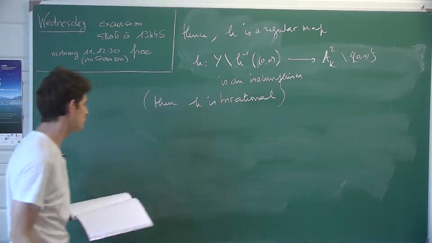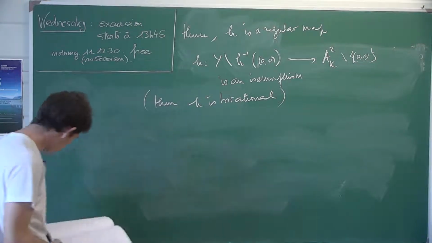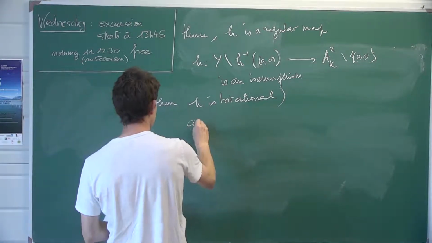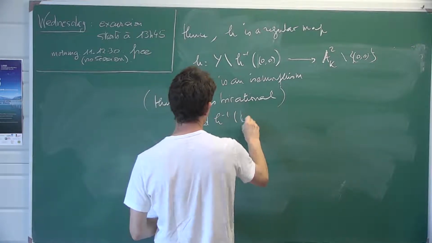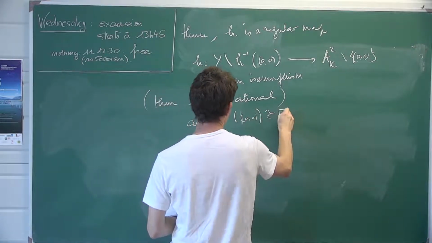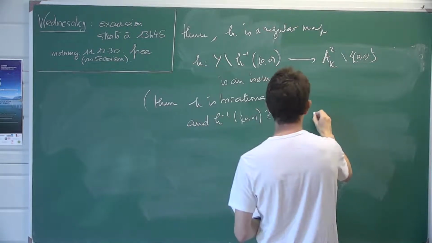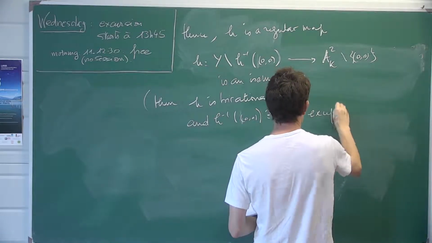We have an isomorphism between two Zariski open sets. And as I said, the inverse image of (0, 0) is a P1, and this is called the exceptional divisor.